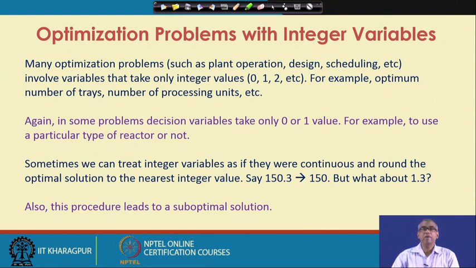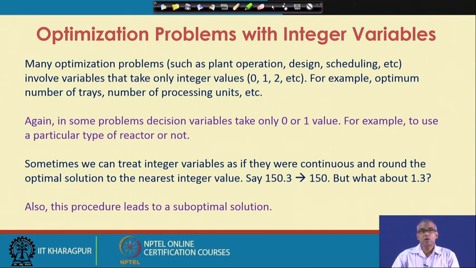Let us say you are finding out optimal number of trays in a distillation column. You treat the variable as continuous variable and get a solution such as 150.3. So, this you can consider as 150. You can round 150.3 as 150, perhaps without compromising much.